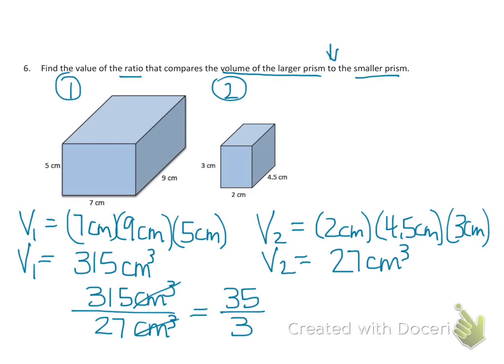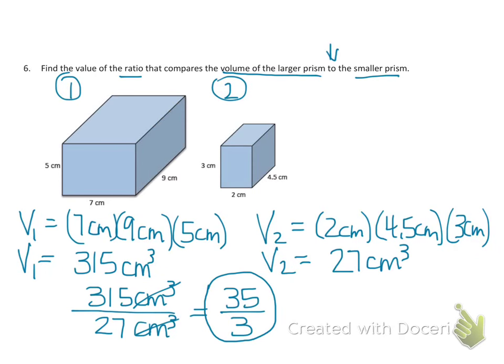So for every 3 cubic centimeters on the small figure, for every 3 here, there are 35 here. So it's 35 to 3. We could write that as a decimal, but we don't really need to. We're asked to write it as a ratio, so we can leave it like this. If you did write it as a decimal, it's not wrong, but this is a useful way of thinking about this ratio.